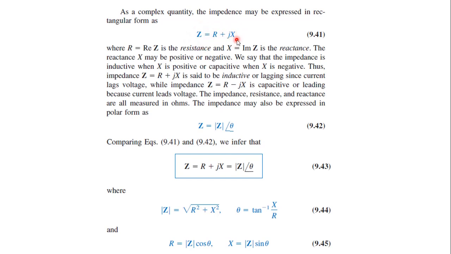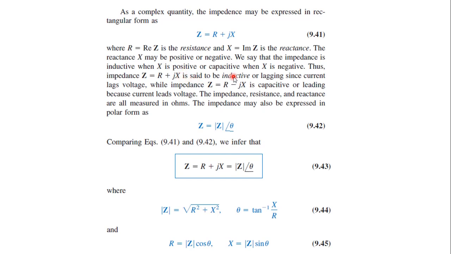This value of reactance can be positive or negative. When the reactance value is positive, it means that the total impedance is inductive. If this reactance is negative, it means that the total impedance is capacitive. So Z is equal to R plus jX.